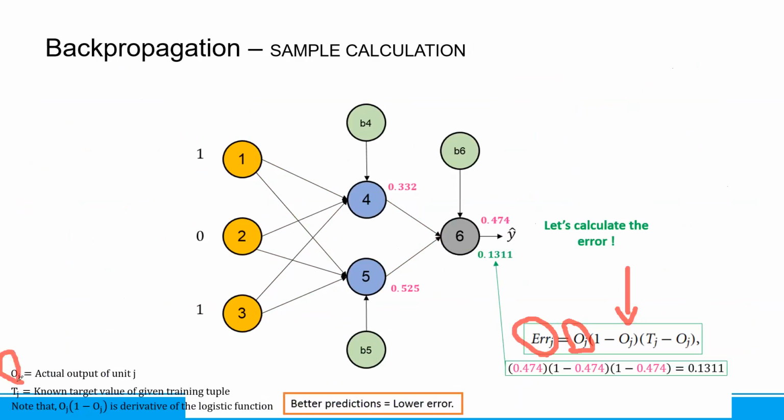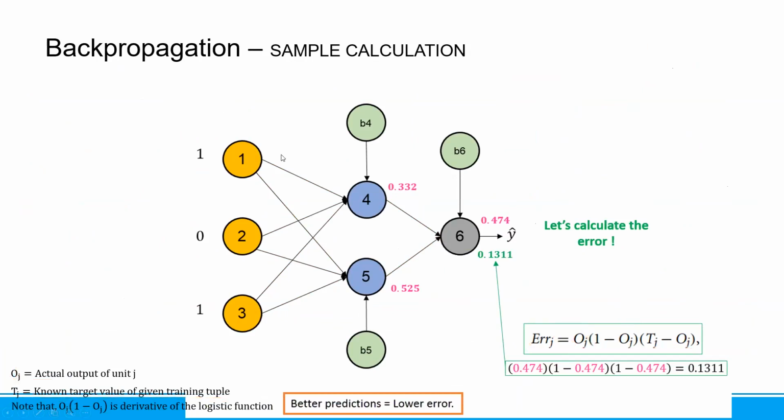Oj means the actual output of unit j. What is Tj? Tj means the known target value of the given training tuple.